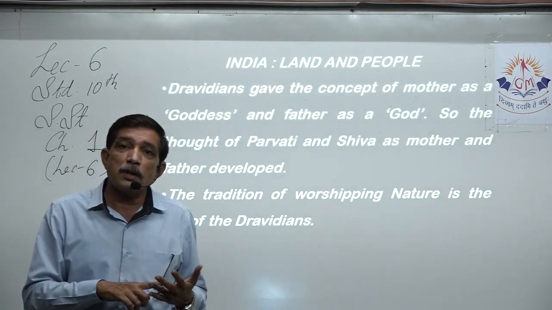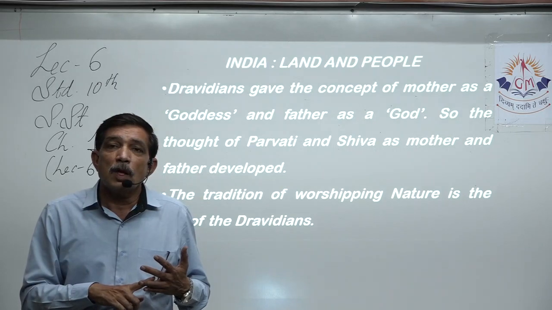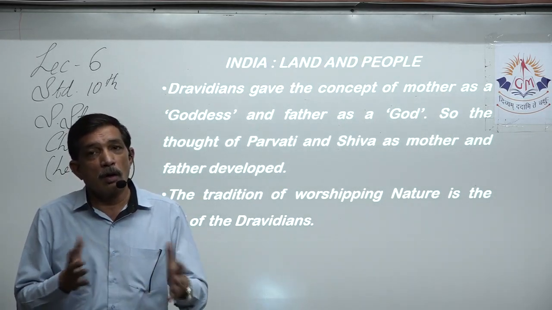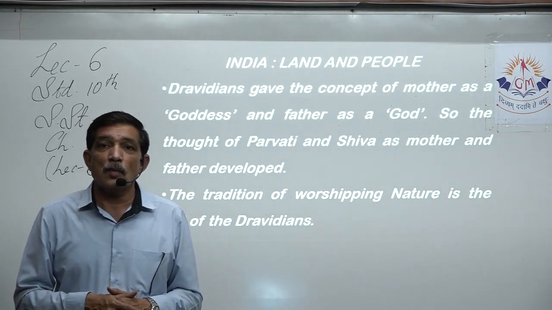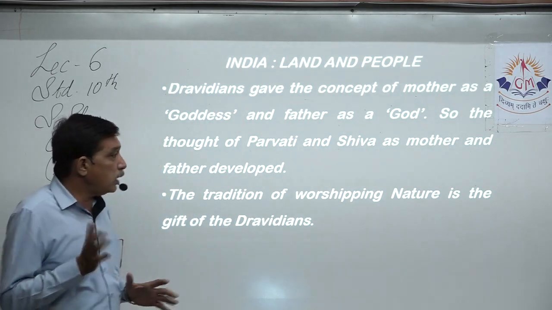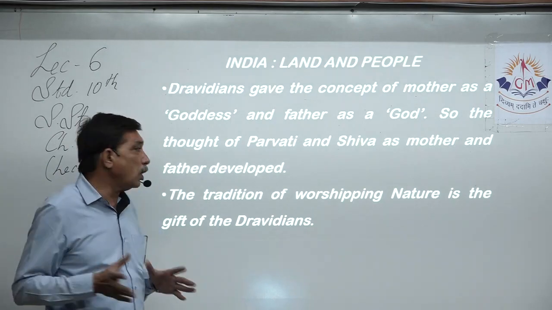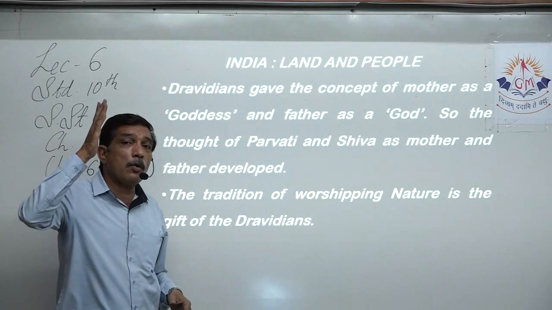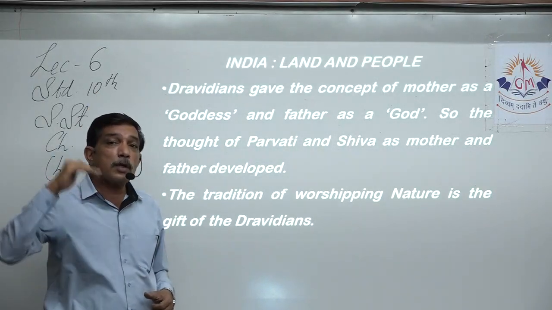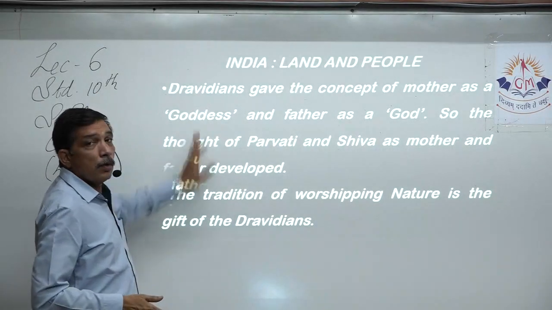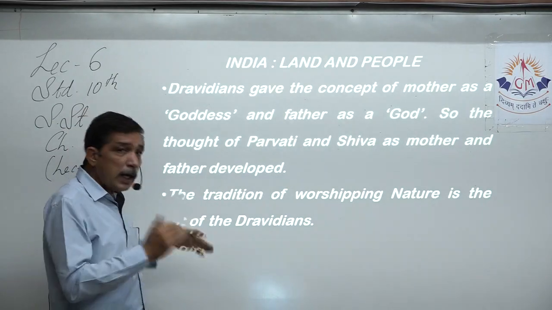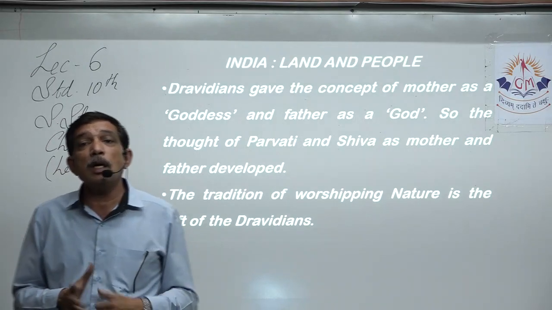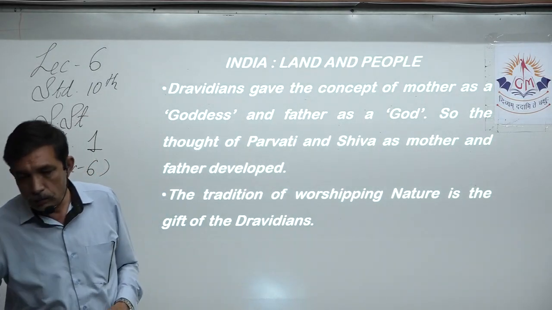We have Varun Devta, they also have a god of water, right? So in this way, in each and every civilization all over the world, there was a tradition. So the Dravidians, they were living over here since even before the Stone Age. So they started worshipping. They gave us the tradition of worshipping nature. That is a gift of the Dravidian culture.